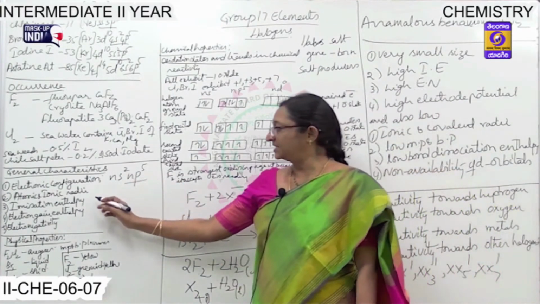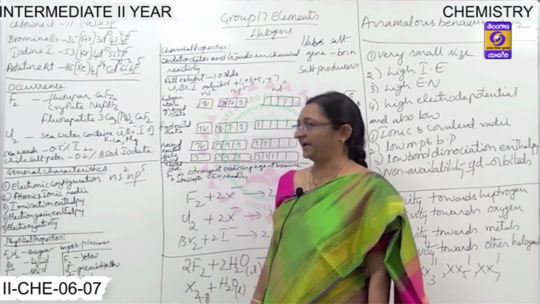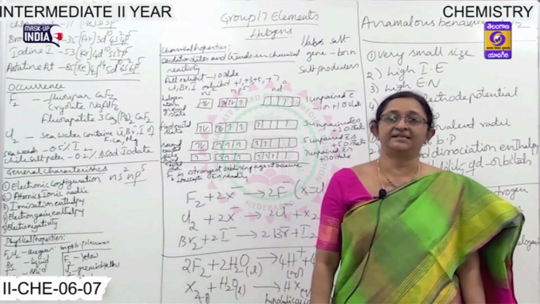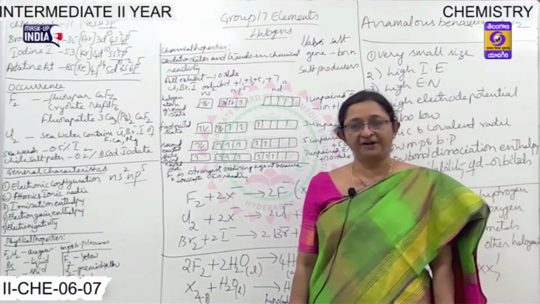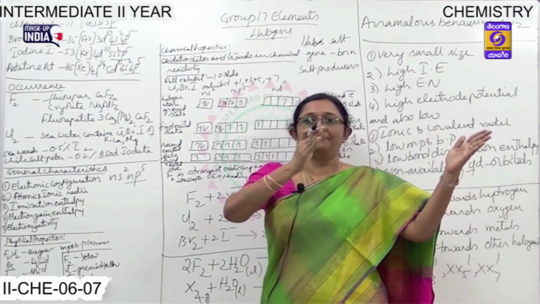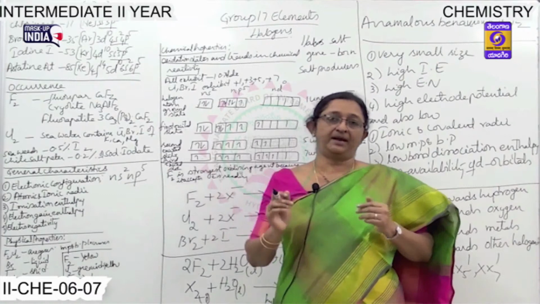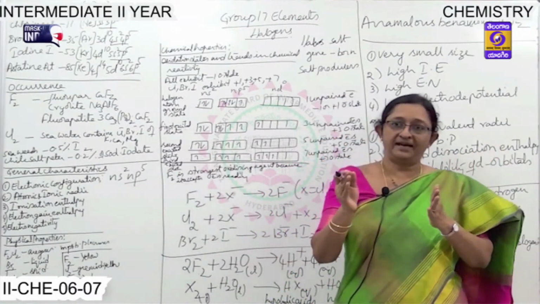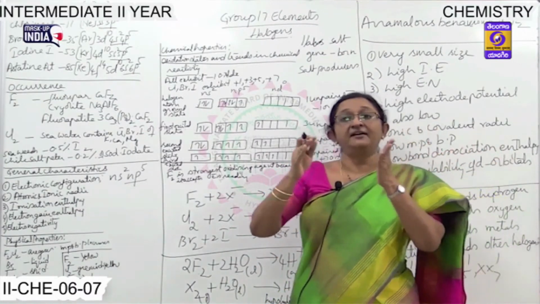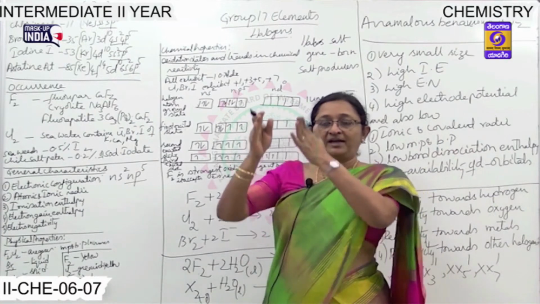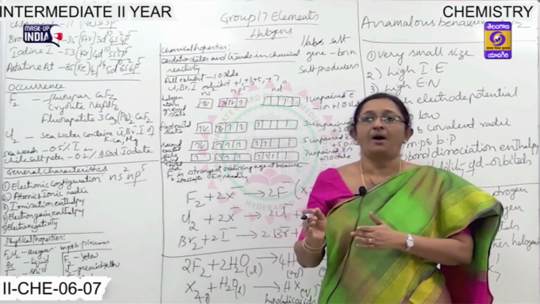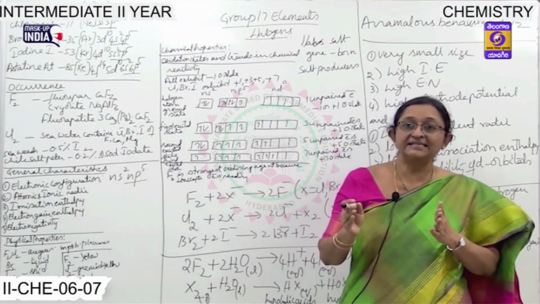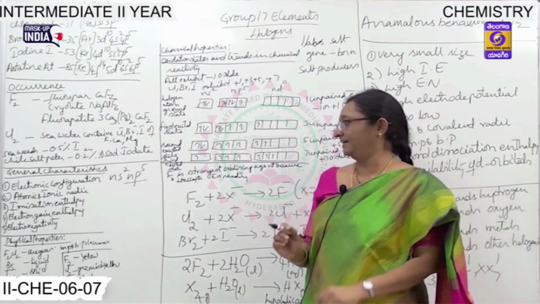Then when we look at atomic and ionic radii, these halogen elements have small atomic and ionic radii. When you move from left to right in a period, the atomic size decreases. So in group 17, the elements have very small atomic and ionic radii.